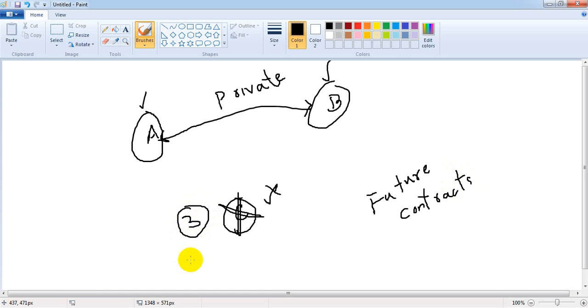And that third party is basically the stock exchange. Suppose I'm talking about stock exchange future contracts.